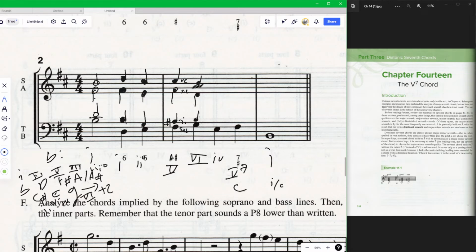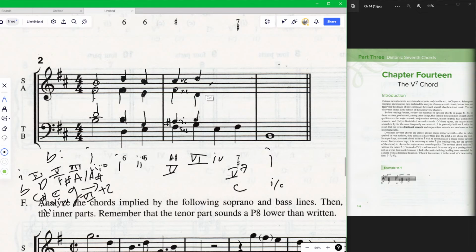Okay, what happens if we take Re up to D? We end up with parallel 5ths between the bass and that. This is F sharp, A, C sharp, that's the perfect 5th. G, B, D. G to D is the perfect 5th.